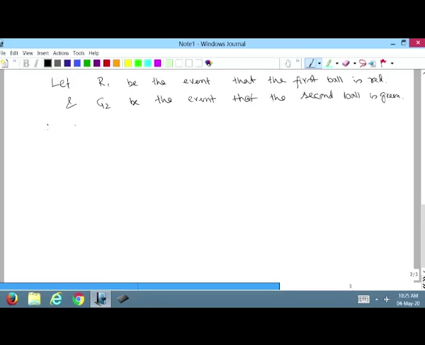Therefore, we are looking at probability of G2 given R1. Now, the initial configuration is 12 red balls plus 8 green balls.